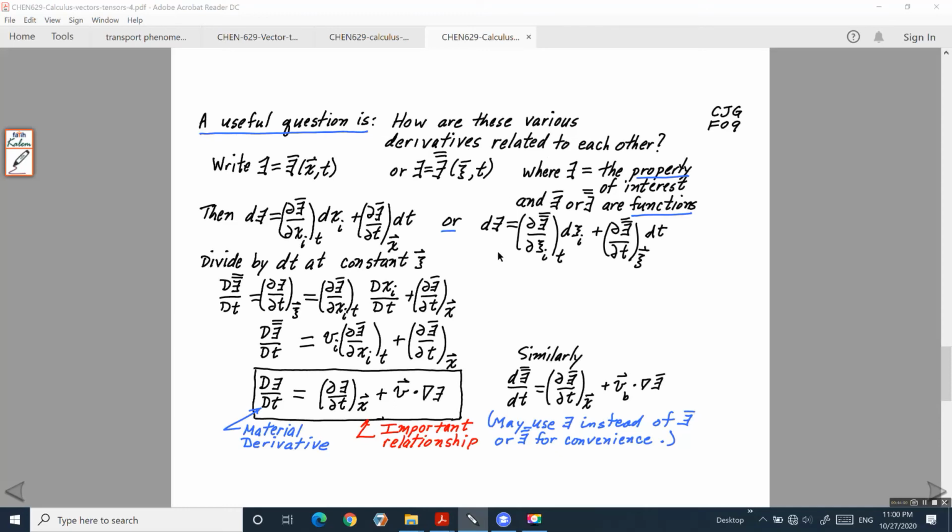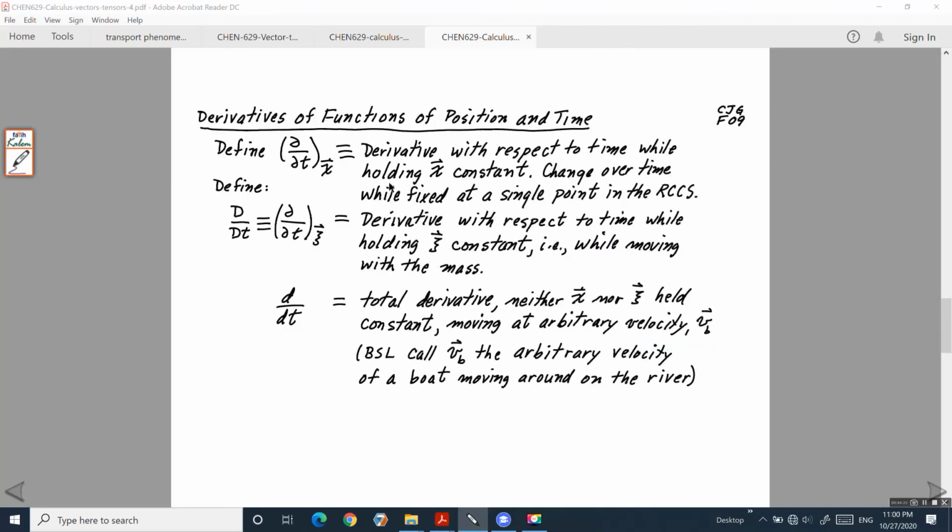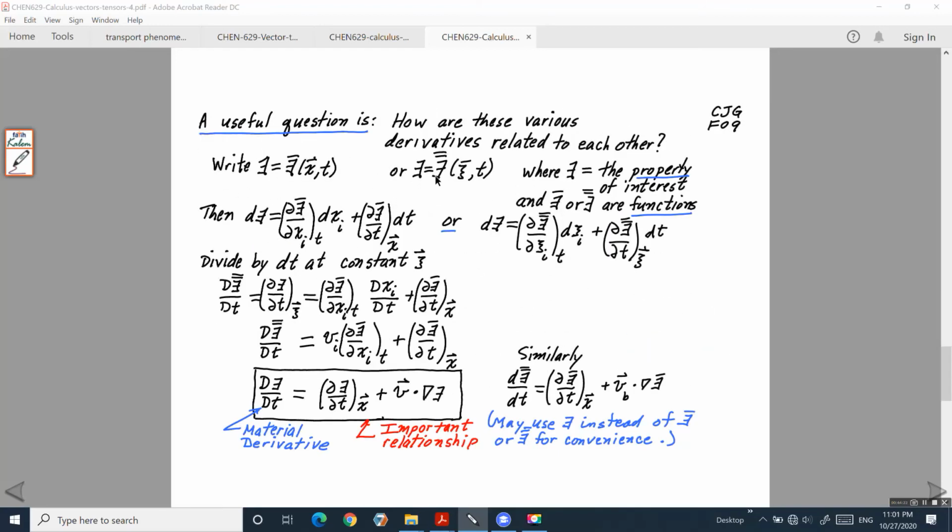The next two slides show the relation between these. So we can write this one as dependent on x and t, and we can write that one as dependent on the material coordinate. This is the actual spatial coordinate, and this is the material coordinate. Here is the property of interest.